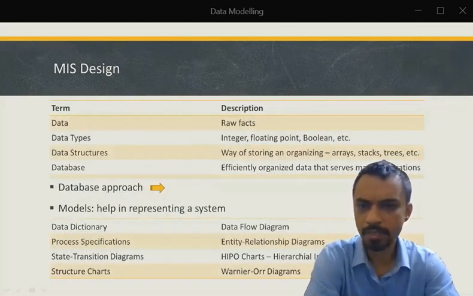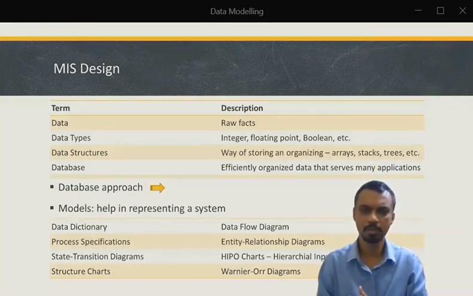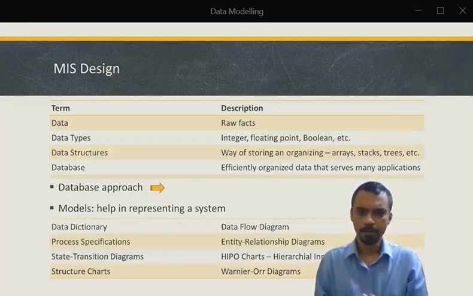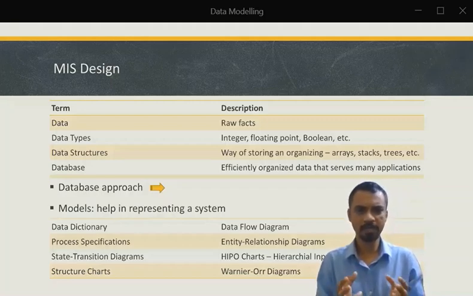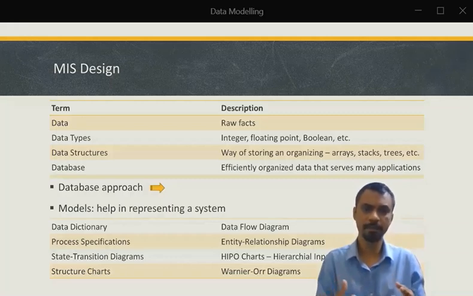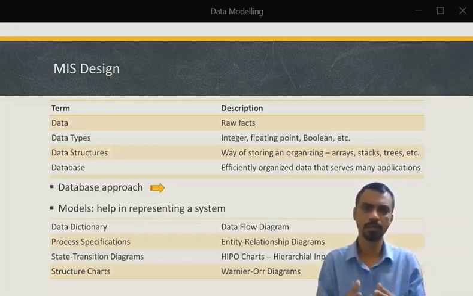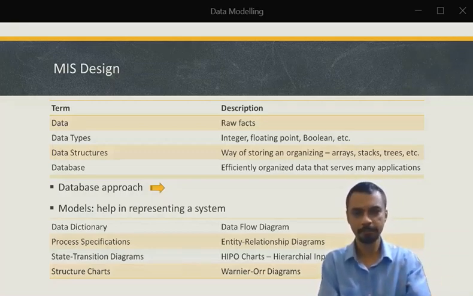Now, next, I'll take a moment to talk about modeling, which is the topic of this video. What we try to achieve through modeling is to represent the system, the MIS, in a way which humans can interpret, analyze, or communicate with each other, so that the model is what we want the system to be.